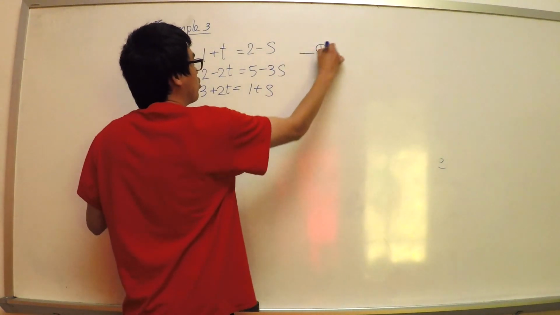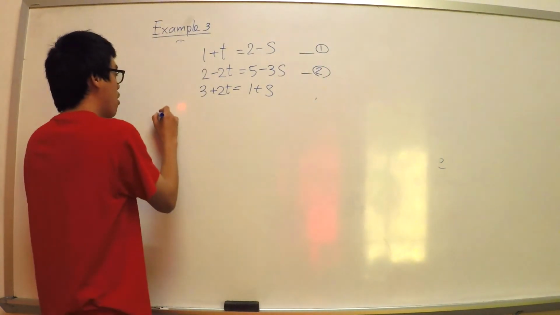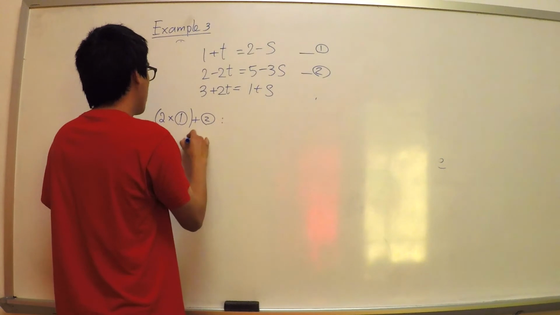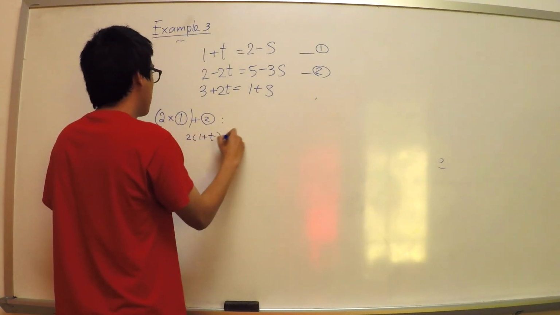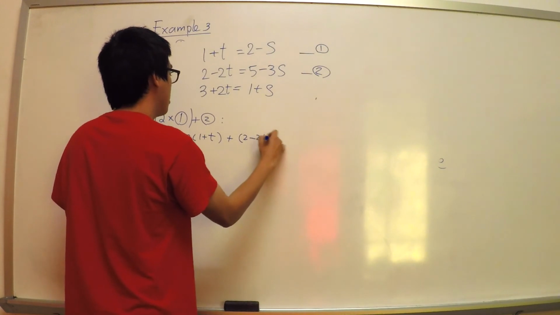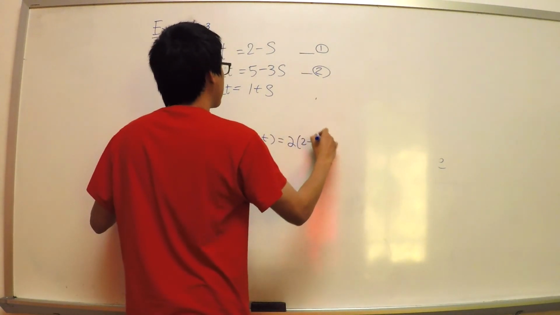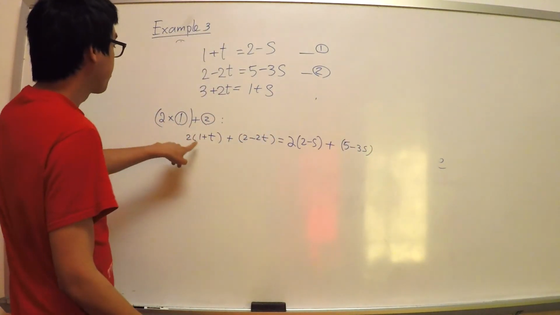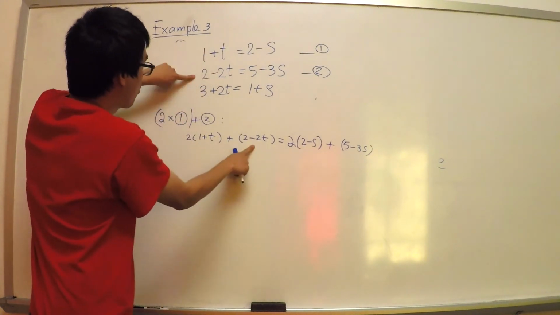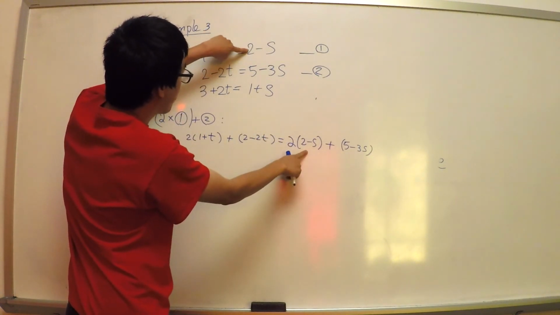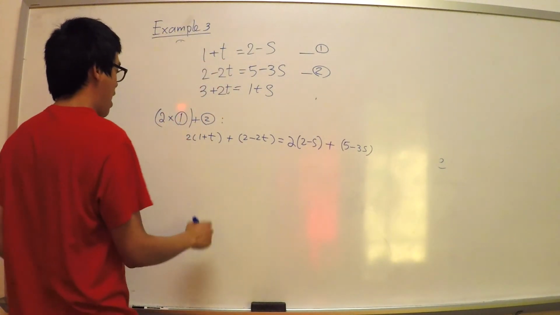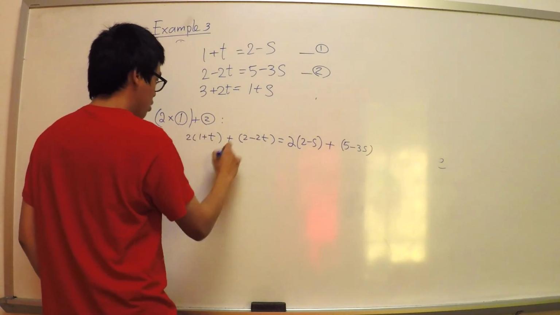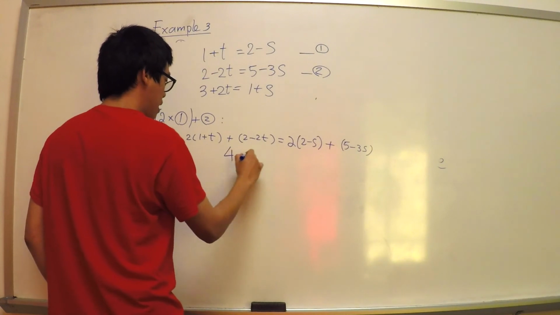If we call this equation 1 and this equation 2, we say 2 times equation 1, and then add equation 2. That gives 2(1 + t) plus 2 minus 2t on the left, and twice 2 minus s plus 5 minus 3s on the right. What we want to happen is for the t to cancel. So 2t minus 2t cancel, and the left hand side ends up with 4.